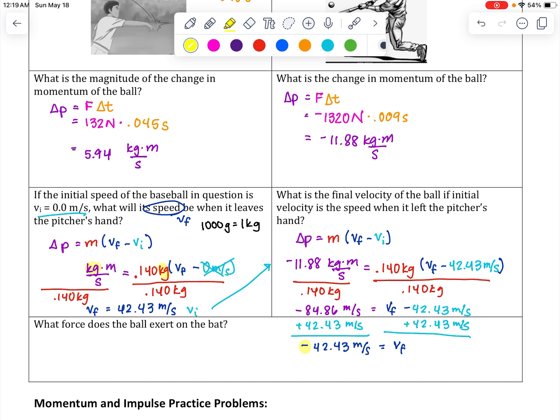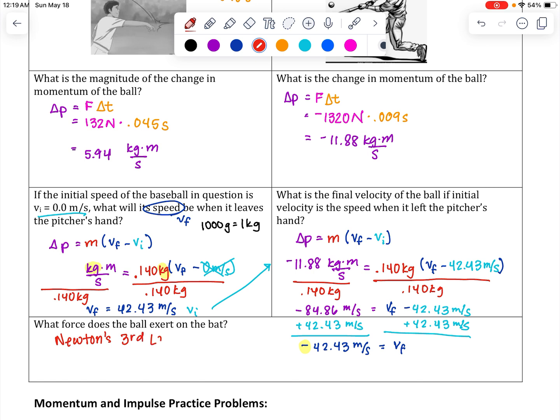What force does the ball exert on the bat? Remember, the bat hits the ball and the ball hits the bat. That means this is Newton's third law. I know you guys really are excited to hear that.